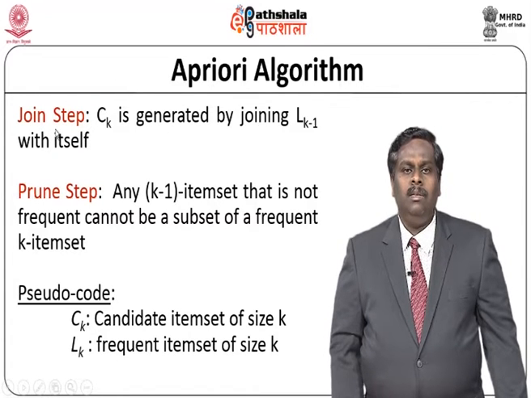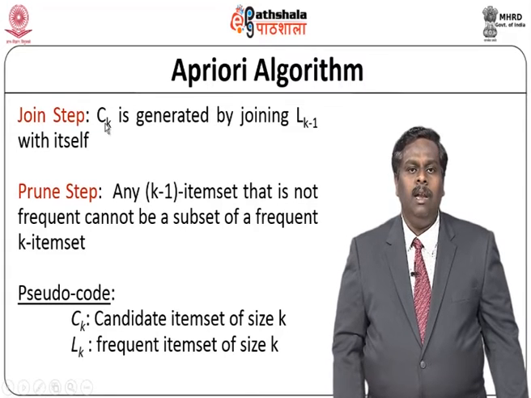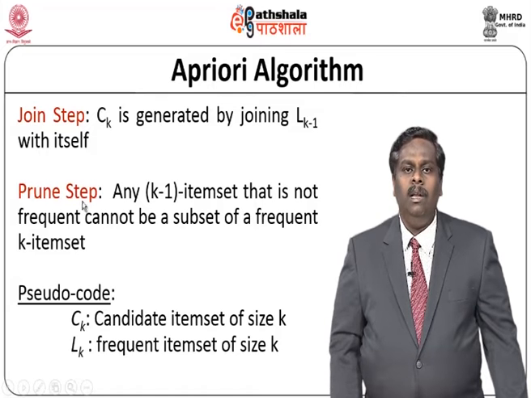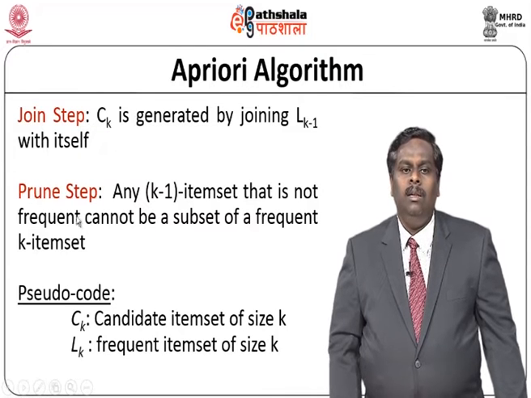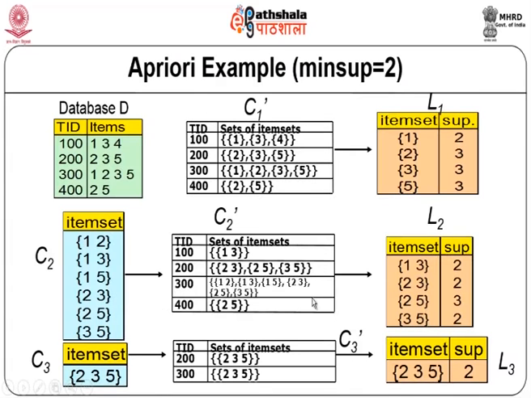The join step is used for generating the candidate set, and the prune step is for eliminating the infrequent item sets. The candidate set will be represented by the notation Ck, and the prune phase will identify which of these candidates are not frequent, and those infrequent candidates will be eliminated. Consider this example.